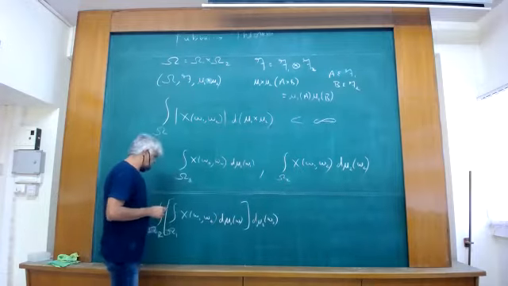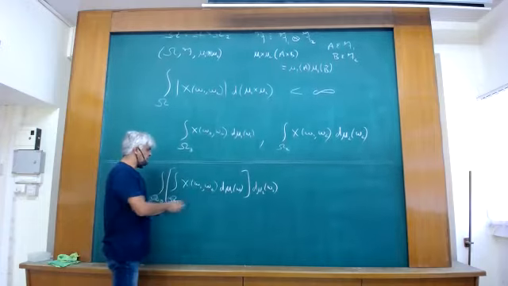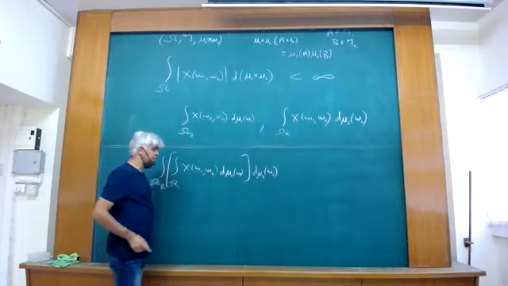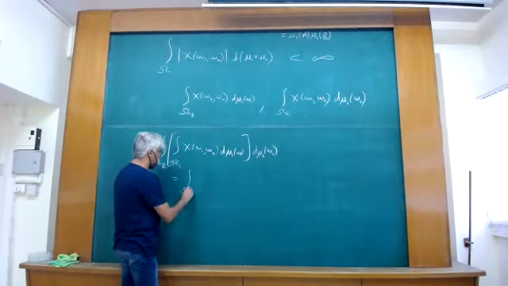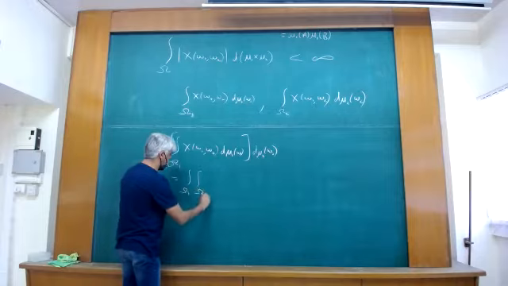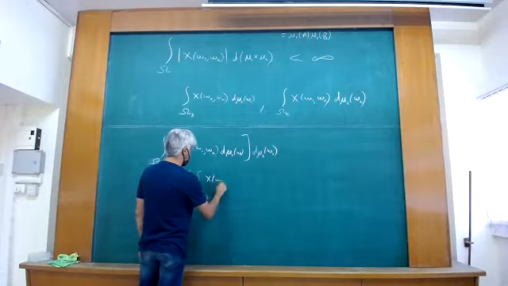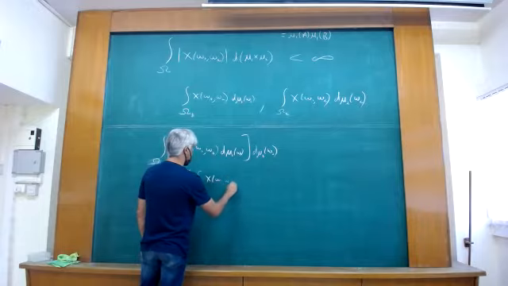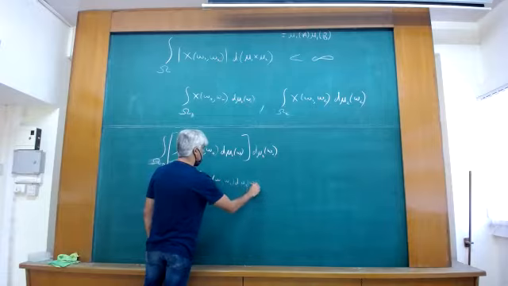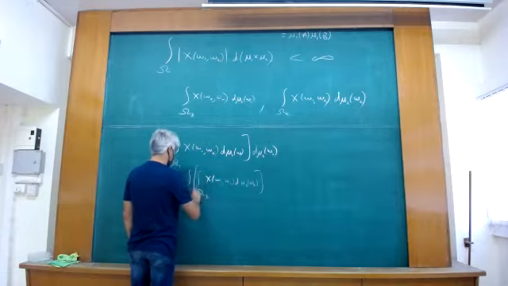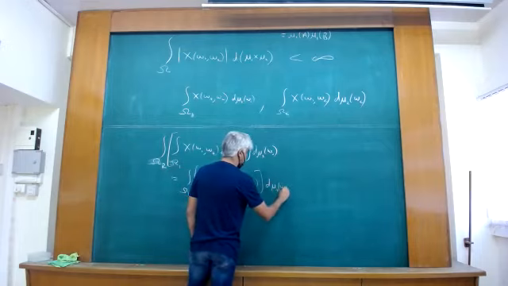And then the theorem is along with these things. Because now I can define this integral. It's well defined. And this is equal to the integral over omega 1, omega 2 of X(omega1, omega2) d mu2(omega2) d mu1(omega1).